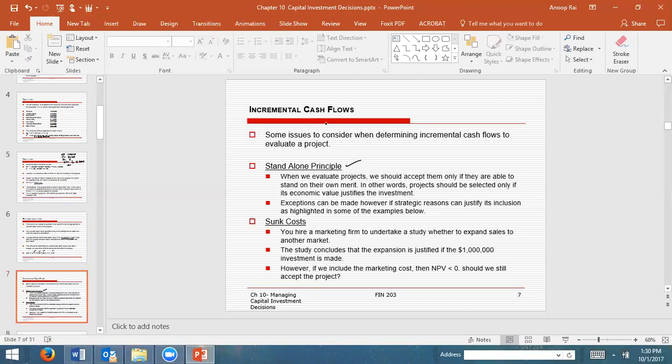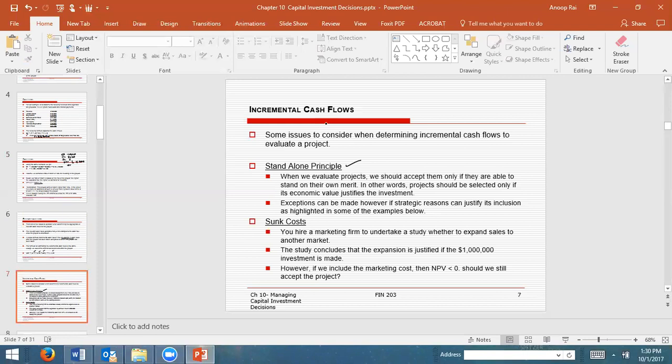So they hire a marketing firm. The study finds that if you do spend that $1 million, you will get a net present value greater than or equal to zero, and you should undertake it. However, let's say the marketing cost is $200,000. If I include the marketing costs, then my net present value is less than zero.